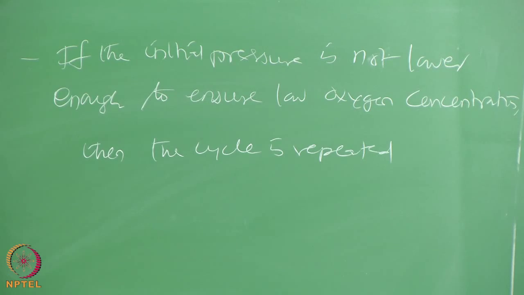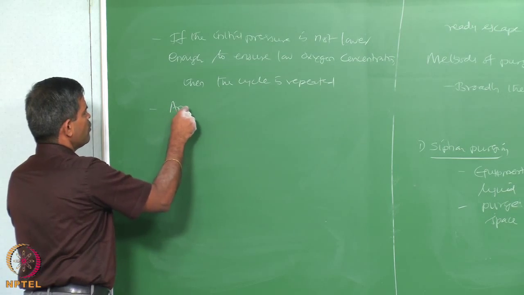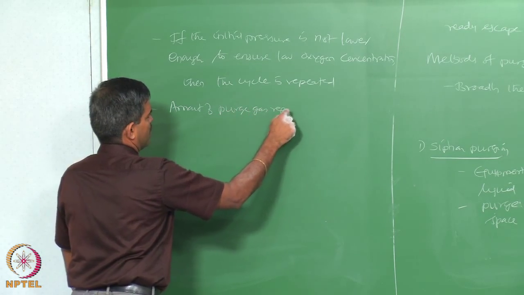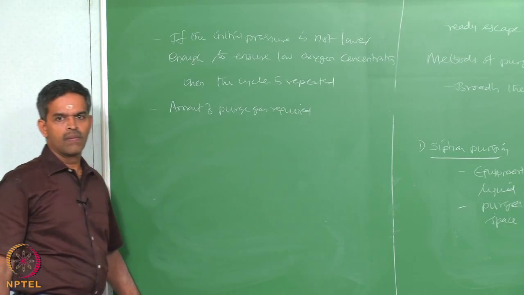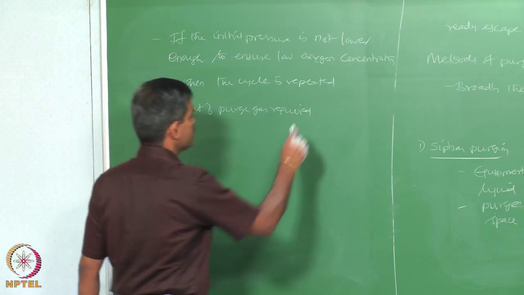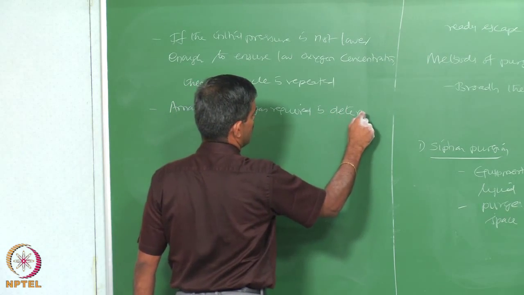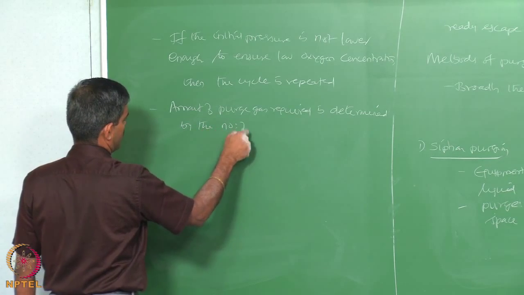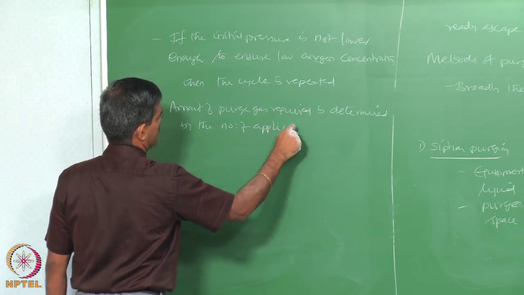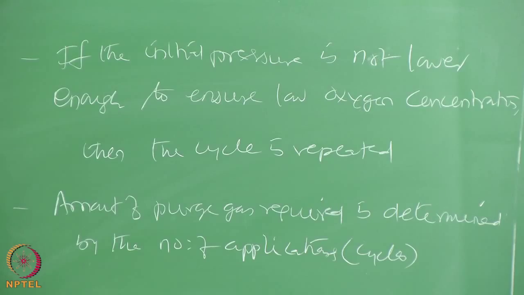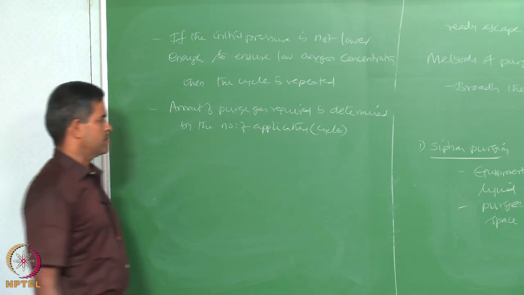Okay. Amount of purge gas required in this case is determined by the number of applications, or let us say the number of cycles, required to develop the desired oxygen concentration.